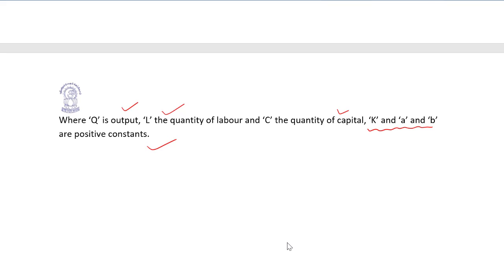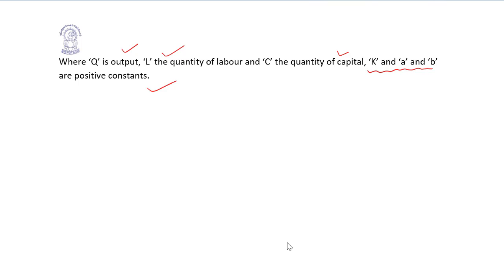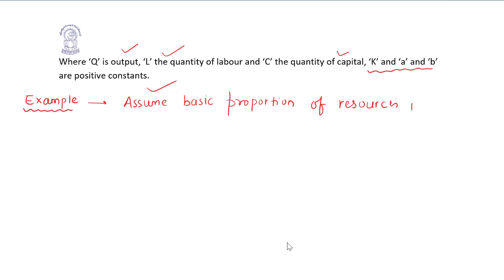Let's continue and write an example. Assume the basic proportion of resources is one machine and 3 workers, that is 1M plus 3W.